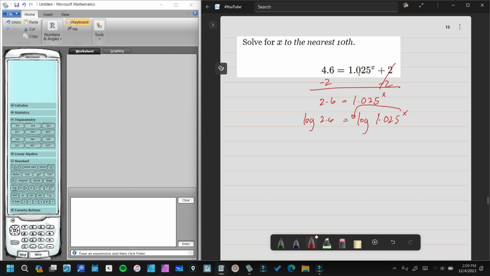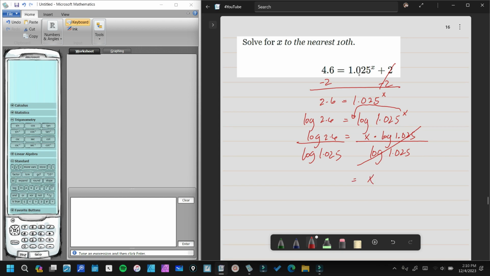So this will be equal to x times logarithm 1.025, right? And the next step is we will divide both sides by logarithm 1.025. And we can cancel that.